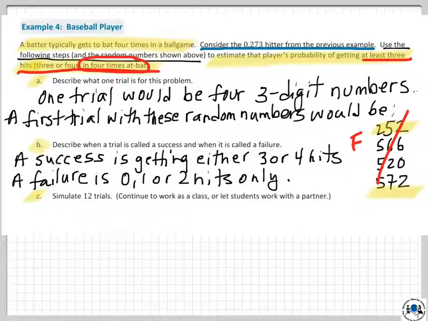I think we have four other random 3-digit numbers chosen already, so go ahead and use those 4 for your next trial, and then go 11 more. So again, you're going to simulate 12 more trials, above and beyond this one that we did. Go ahead and do that, and come on back and we'll check in.